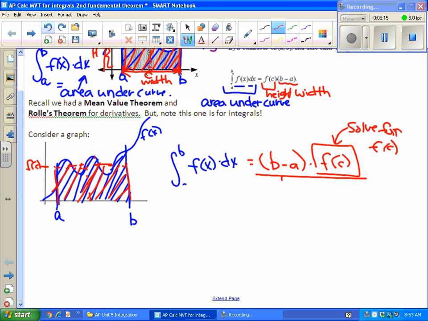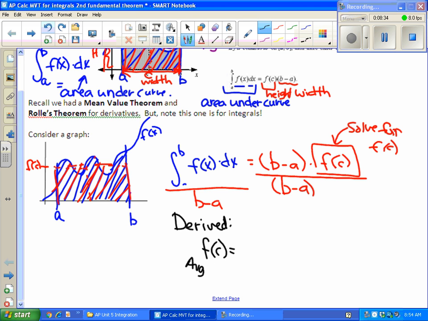So if I divided by b minus a on both sides, I think the derived formula looks like this. Okay, I think this is what it looks like when it's derived on your paper. The function at c, which is the height, the average height, equals 1 over b minus a. Now, why do I say 1 over b minus a?